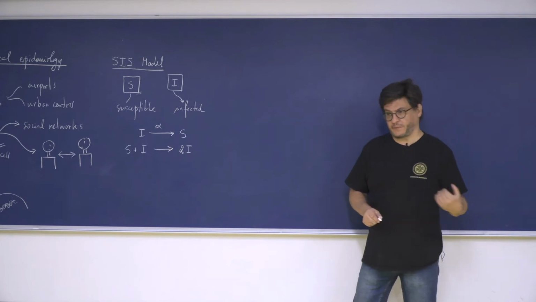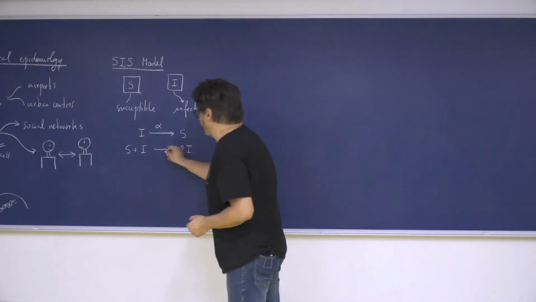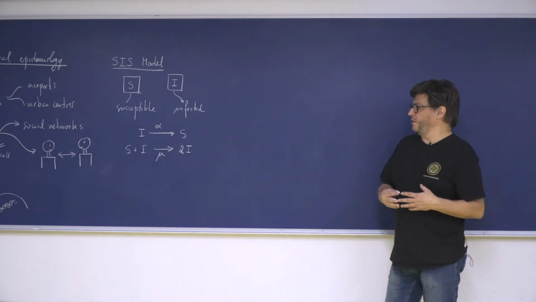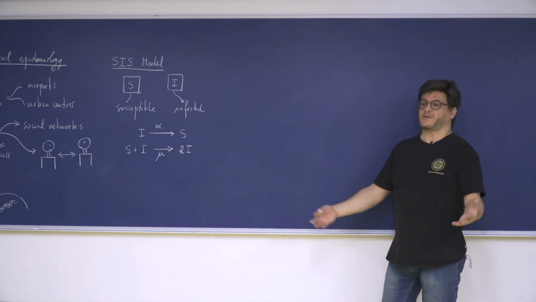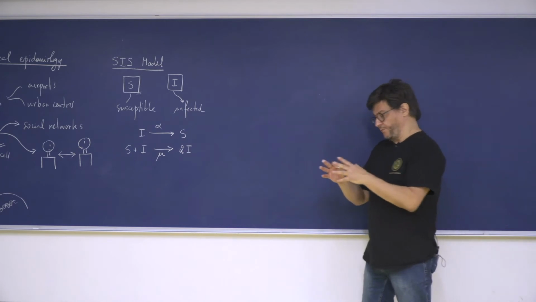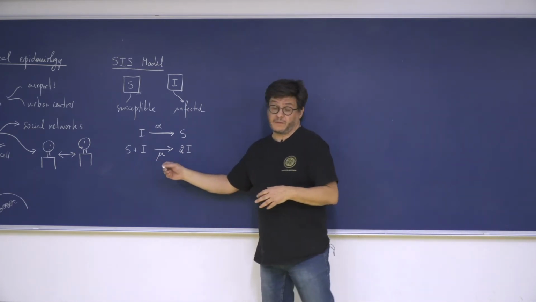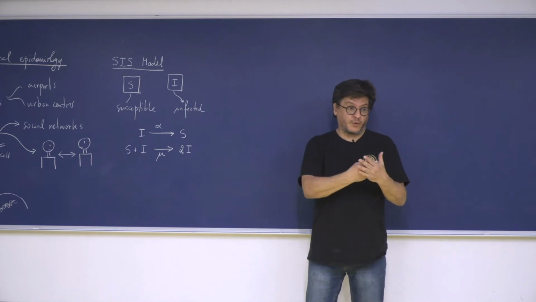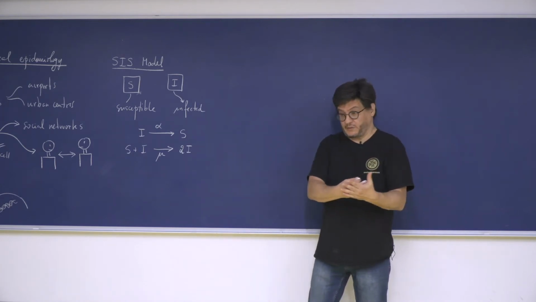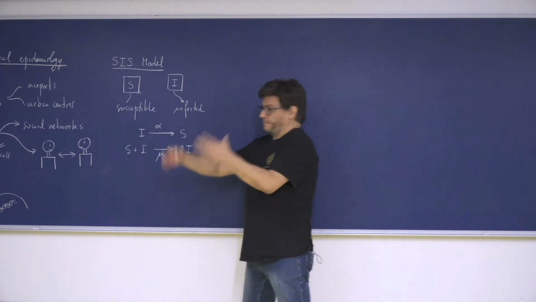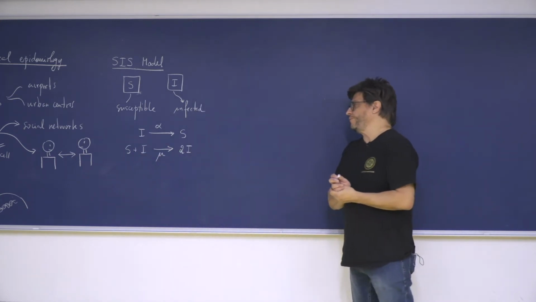So the susceptible has made the transition. Let's say this is mu, the probability or the rate of infection, assuming that two individuals get together. This, of course, captures a lot of things. It can capture that you need to get into contact, or you just need to be in a bus where somebody snorts and spreads the virus.